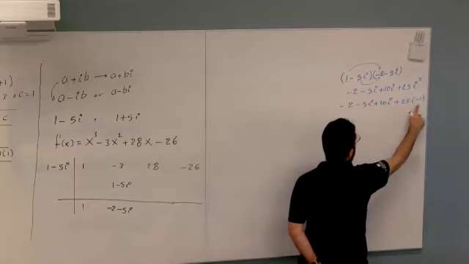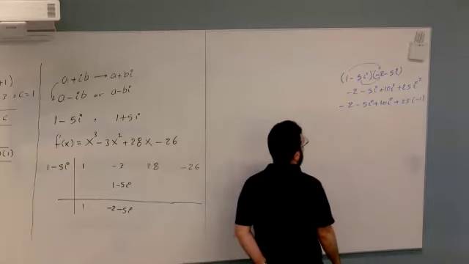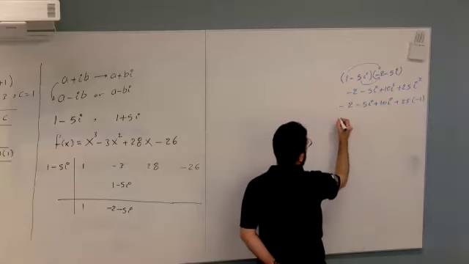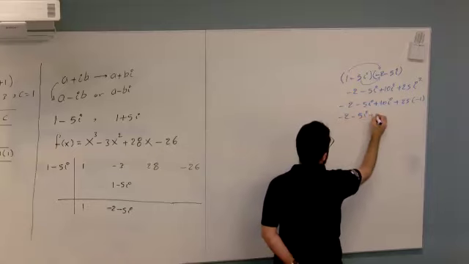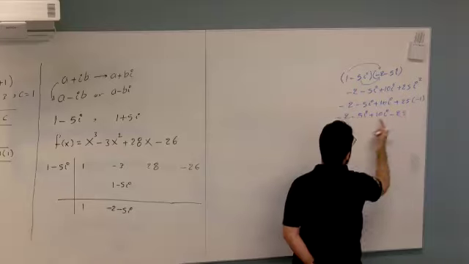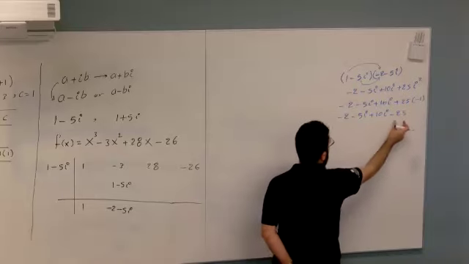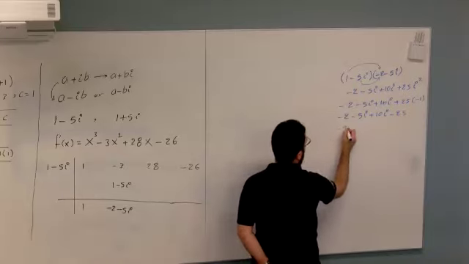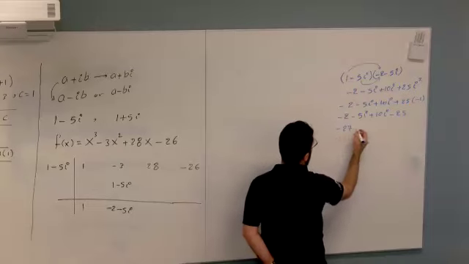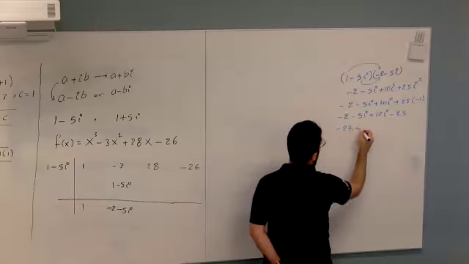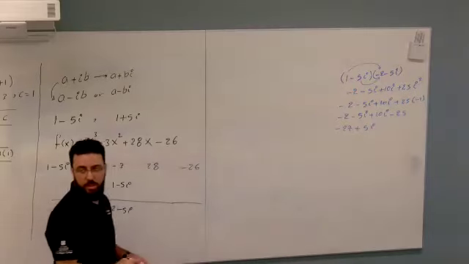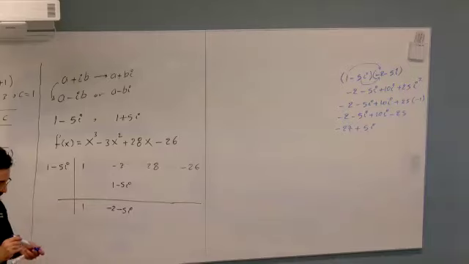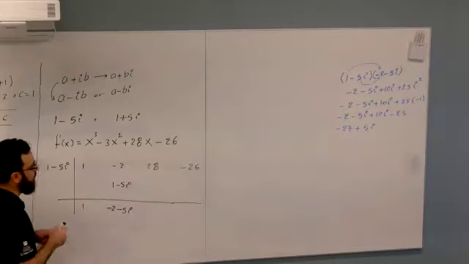Now 25 times -1 is -25. Write this down again so you know the steps. Minus 25. Now can I combine the like terms? -25 minus 2 is -27, plus 5i. Is that okay? Yes or no? Now what am I going to write down here?